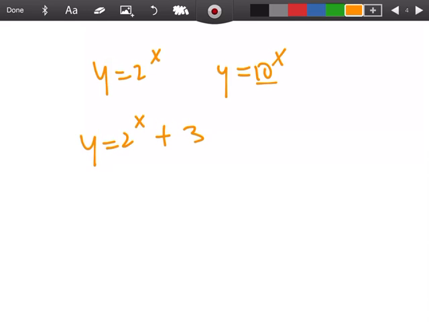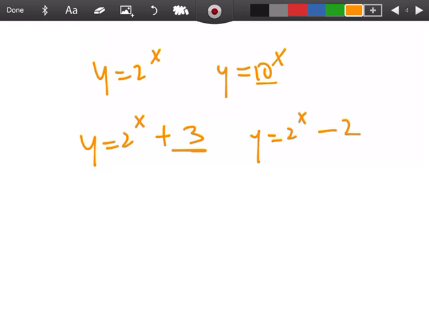We already know that 10 to the x is going to grow quicker than 2 to the x. Then they ask, what happens if you say y equals 2 to the x plus 3? Or y equals 2 to the x minus 2? You'll find out that changes the asymptote. The horizontal asymptote is going to move. I think it's not a bad idea to do a few.